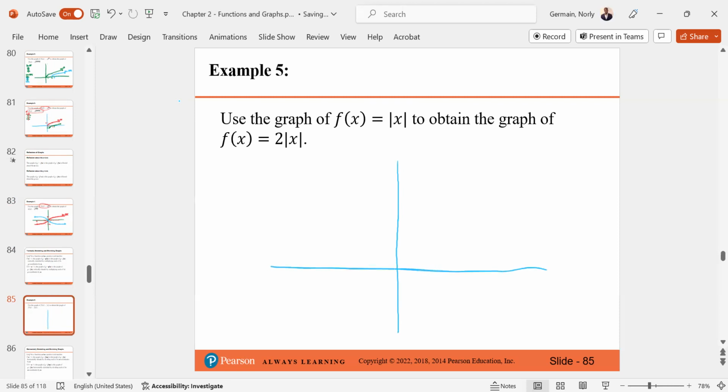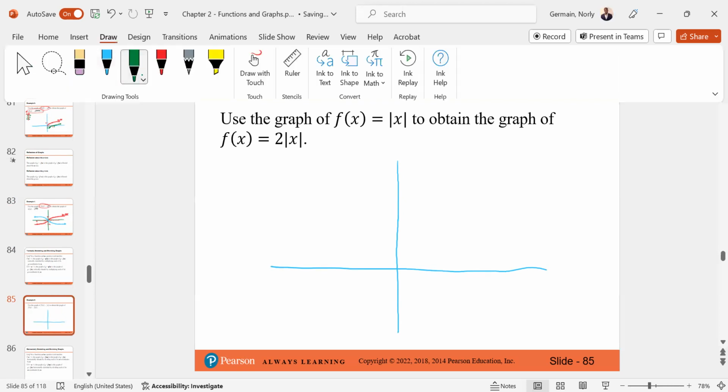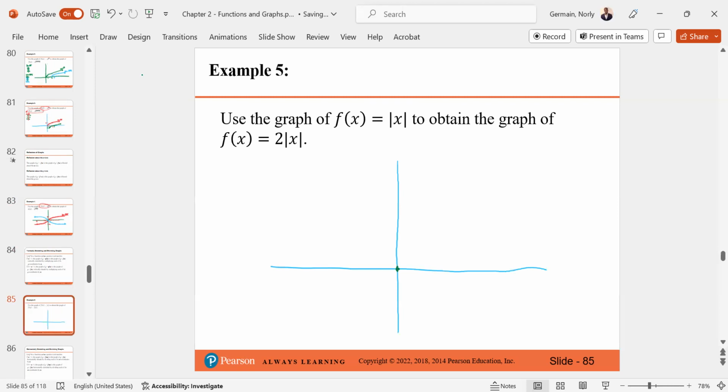Suppose this line is very straight. Now, if I take a different color, I would say absolute value of x. If x is 0, it gives you 0. If x is 1, it would give you 1. If x is -1, it would also give you 1.